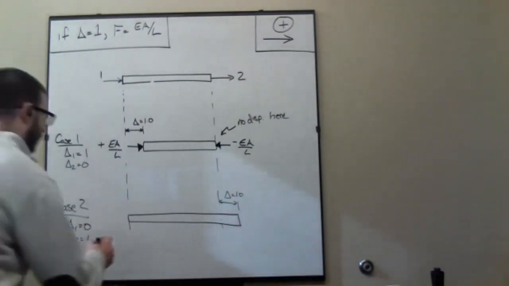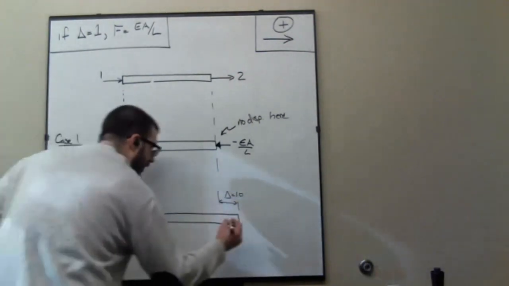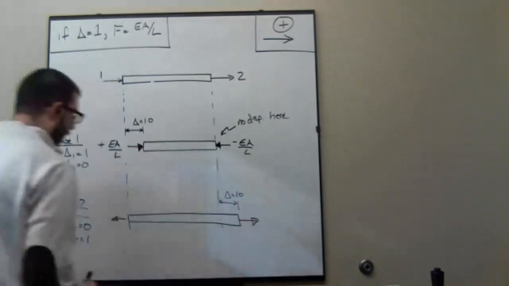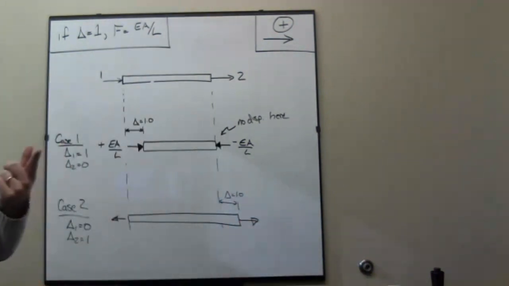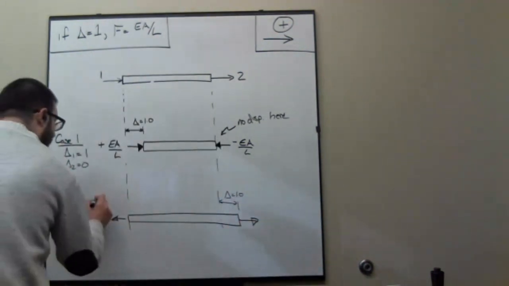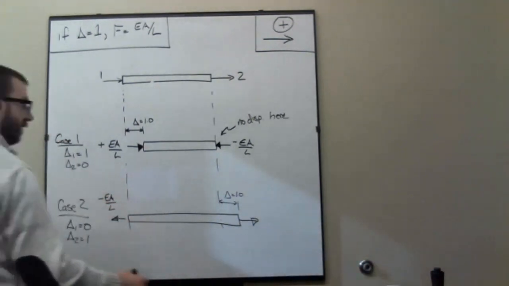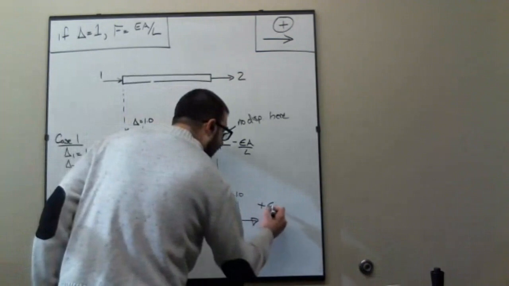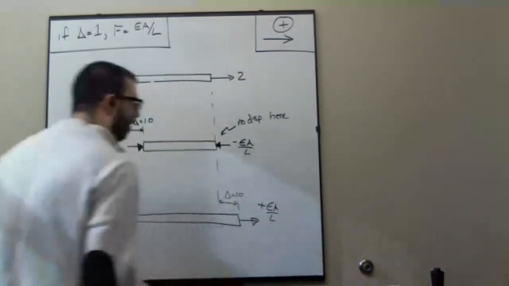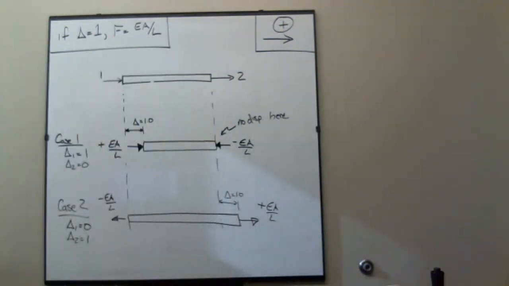Tension, right? So I have to yank on it. So following the same logic, this is negative EA over L because it's going to the left. This is positive EA over L going to the right. So what is a stiffness matrix?